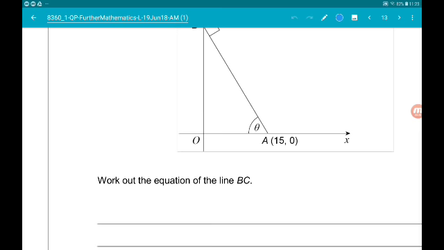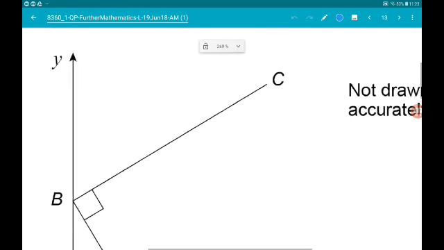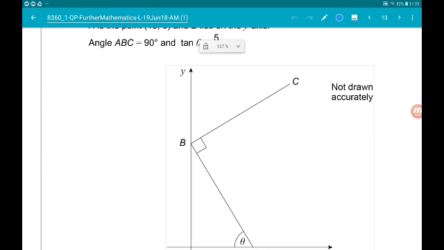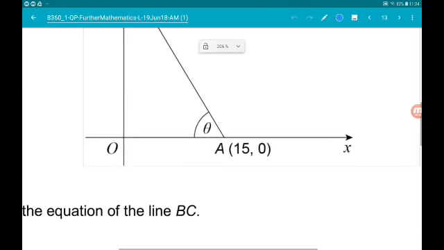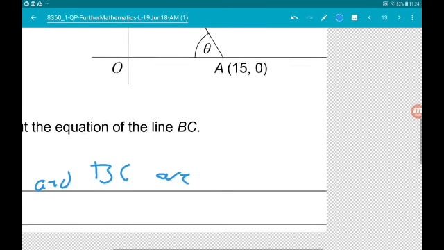We want to work out the equation of the line BC. So the line that we want is this guy here. So, quite a lot to do. What we do know is that AB and BC are perpendicular.